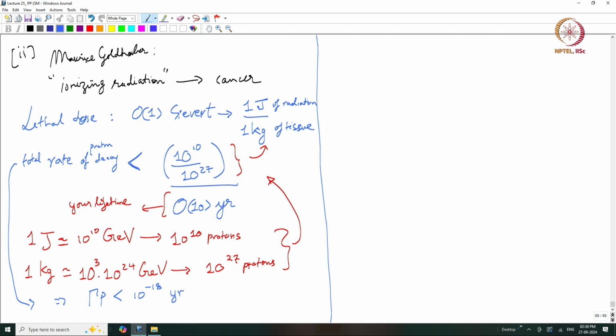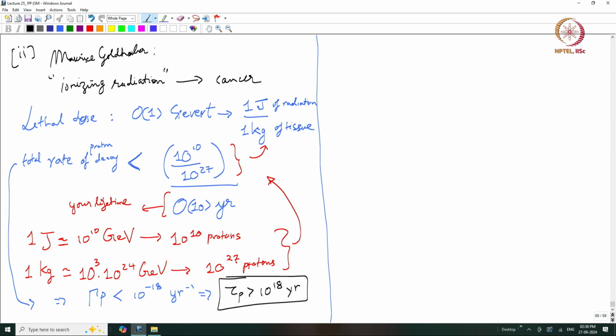Said differently, the lifetime of the proton is larger than 10 power 18 years. See, just like that, without much effort, we were able to set a limit on the proton decay lifetime, just based on the fact that we are not getting cancer from our own bones and tissue.